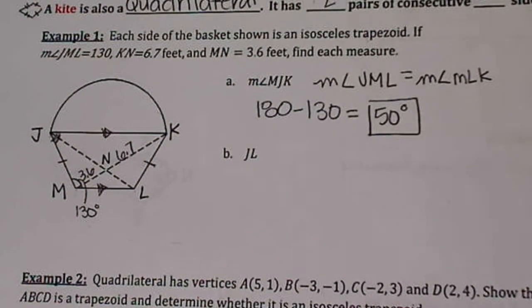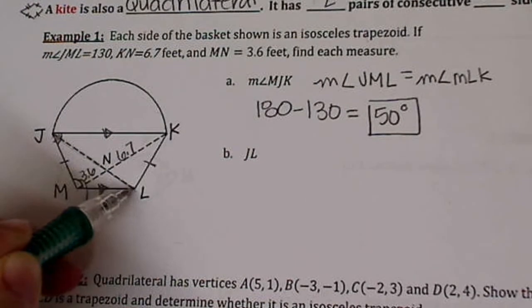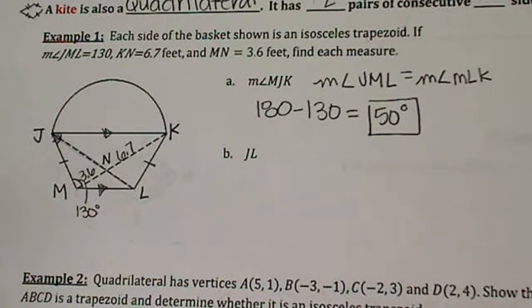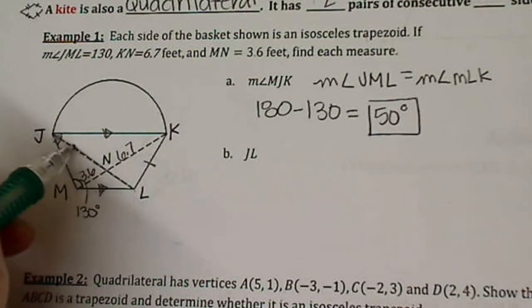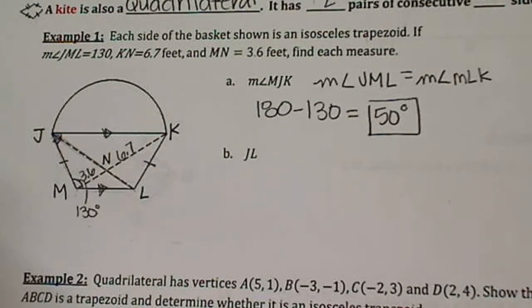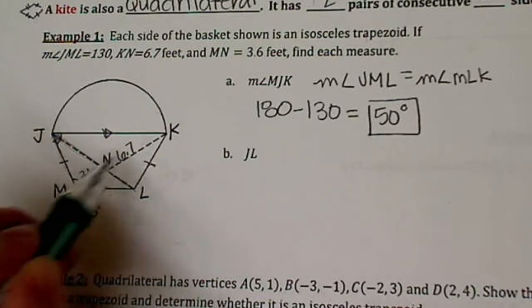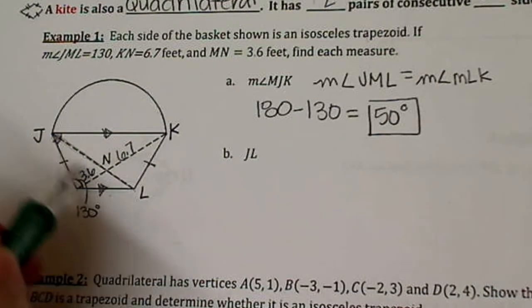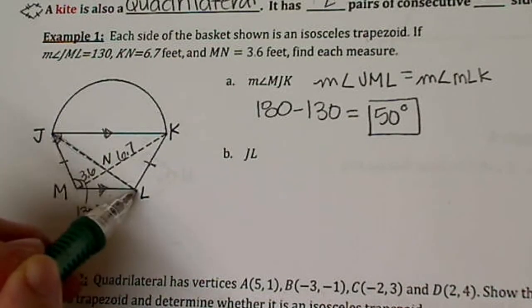Next we want to find JL, this diagonal right here. Again, because this is isosceles, if you think about this as a triangle, these 2 angles are the same, these 2 sides are the same, and this side is reflexive, so these triangles are the same. So JK, or MK, is going to be the same as JL.